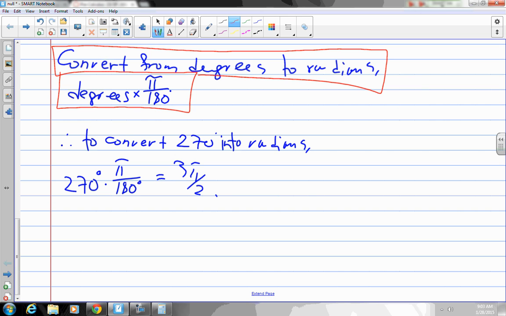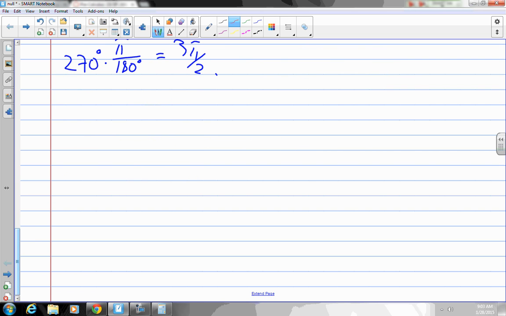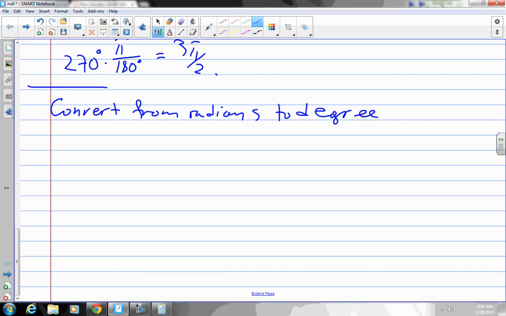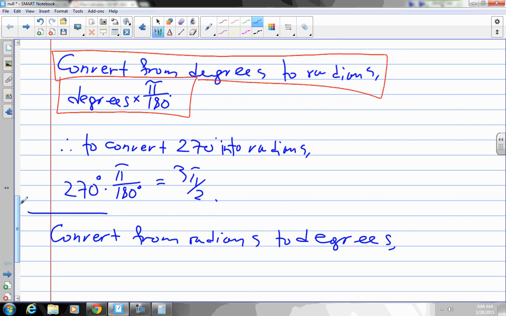We can also go back. We can go from radians to degrees. So we can algebraically solve for degrees here, right? If degrees times pi over 180 equals radians, then degrees equal radians times 180 over pi.